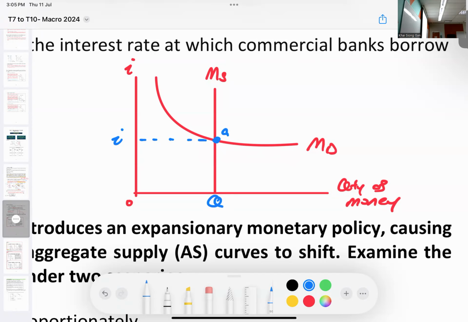Expansionary is to reduce the interest rate. But if the money market is like this, the money supply increases, but the interest rate is still here. Let's say another time the money supply increases.